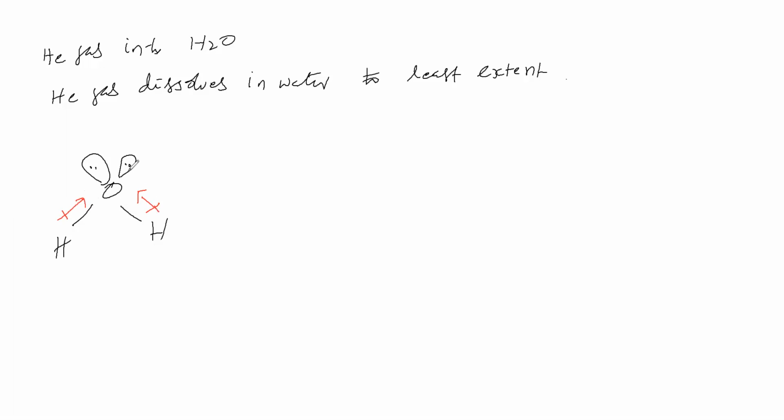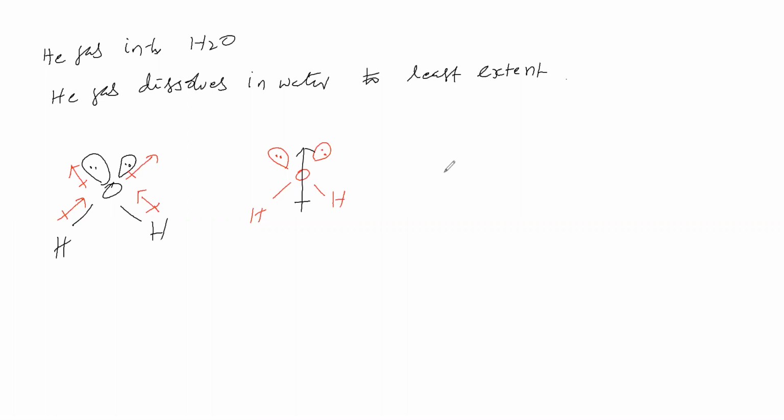For the lone pairs, the dipole moment is towards up. So what is the net dipole moment for water? The net dipole moment for water is projecting towards up. The positive end is towards hydrogen and the negative end is towards oxygen.